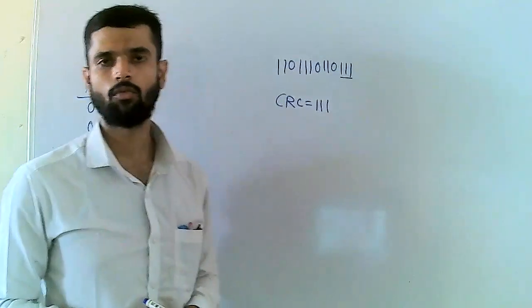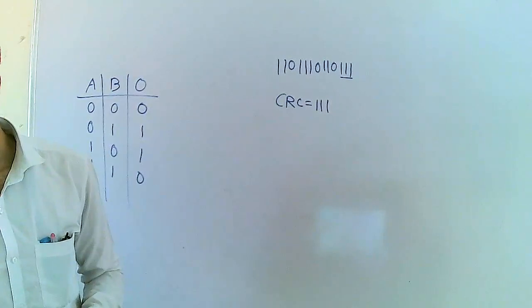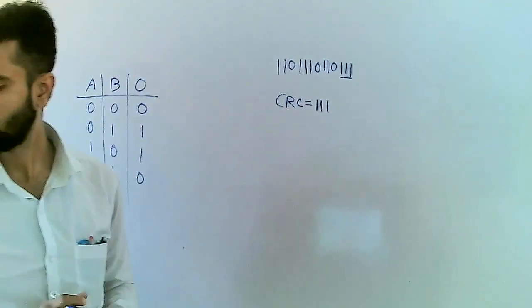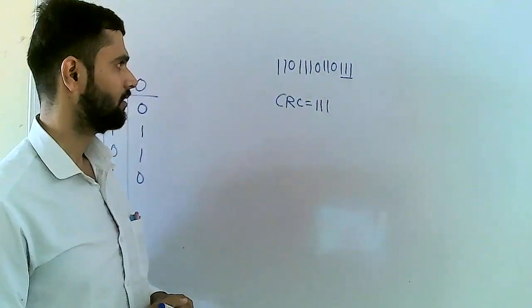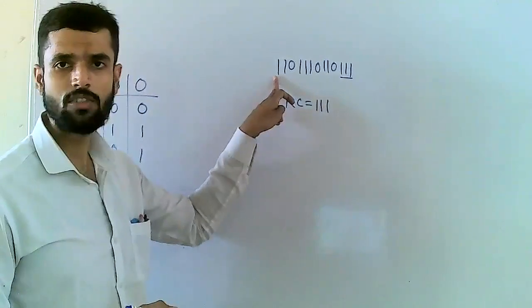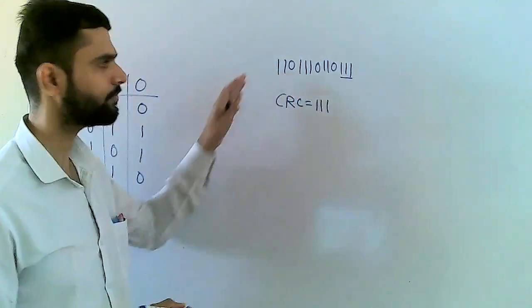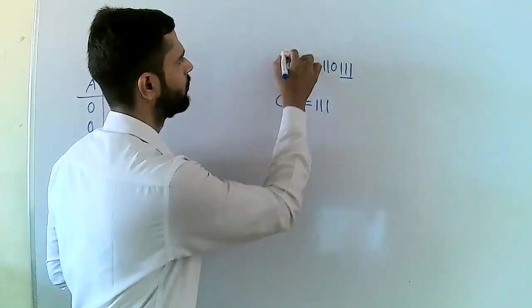So in the question, what have they mentioned? They have mentioned: suppose the second bit from the left is inverted during transmission. Okay. That is, we have to consider this stream of data bits. Second bit from the left, that is 1 2.